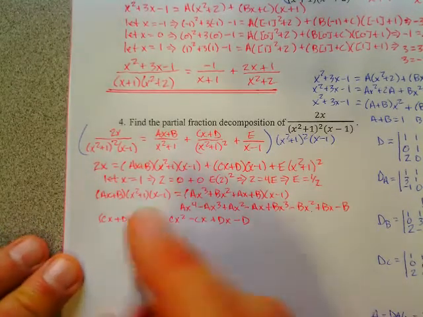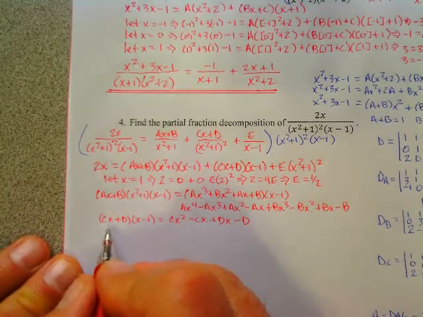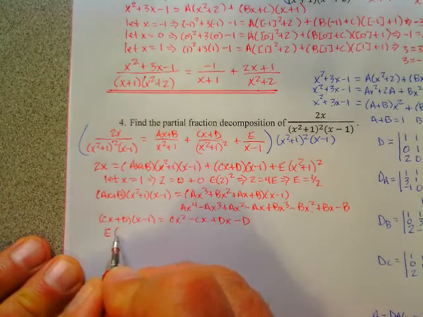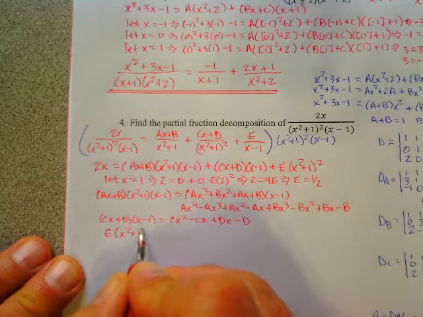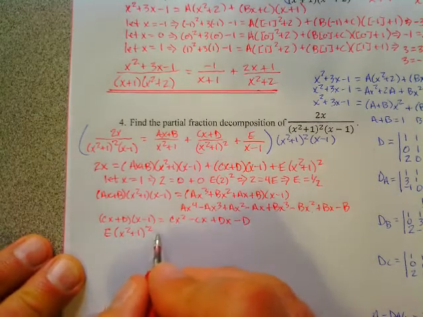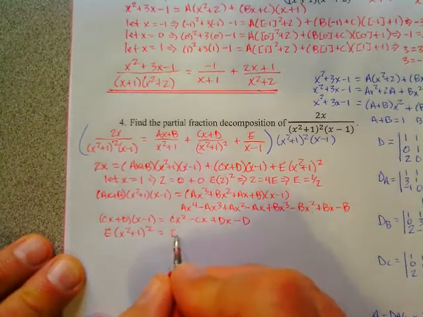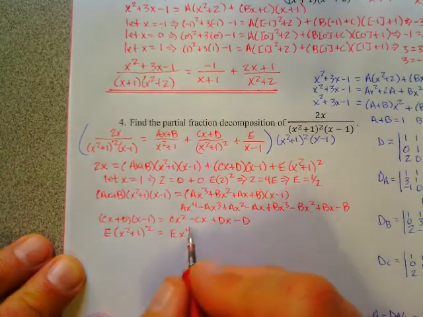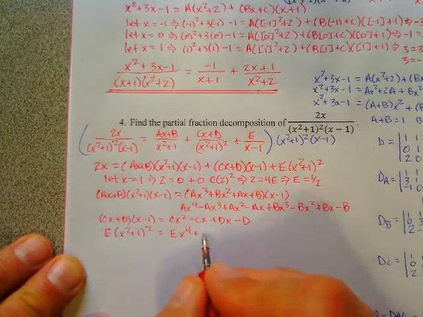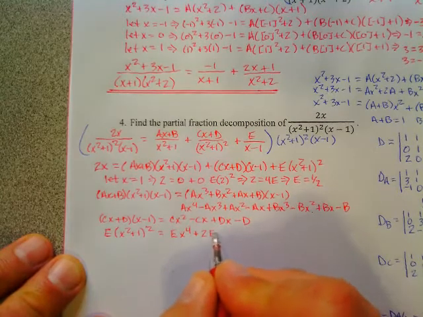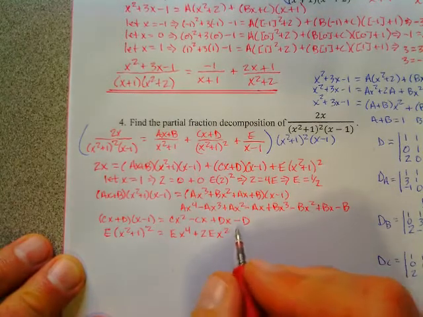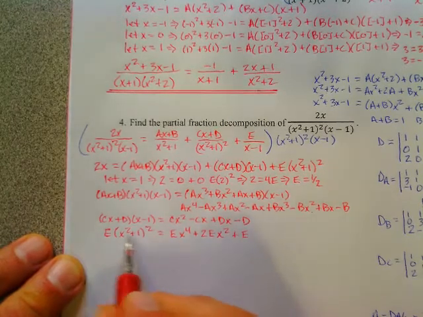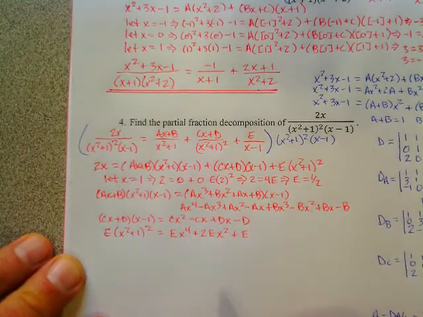And then we have the e times x squared plus 1 squared, which will be e times x to the 4th plus 2e x squared plus e. So I just FOILed that part and then multiplied e times each bit of it.